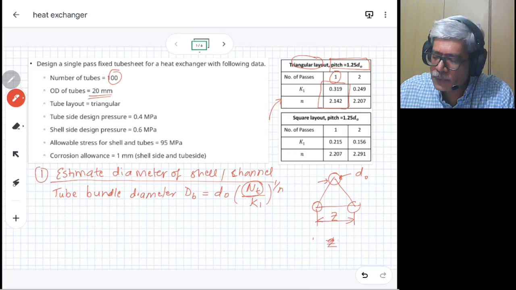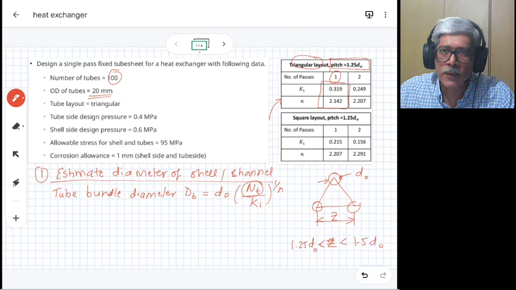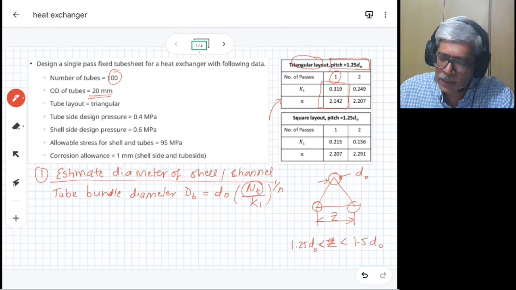Typically, the values of Z lie between 1.5 times D naught to 1.25 times D naught as a thumb rule. So this particular table has further extension where for different pitches also you can obtain these diameters.